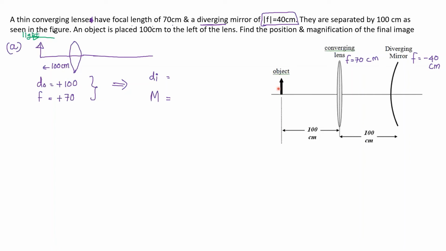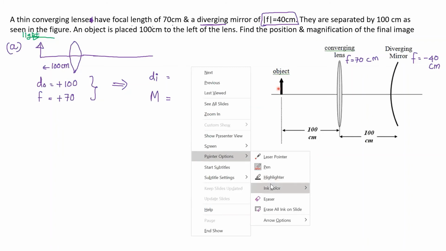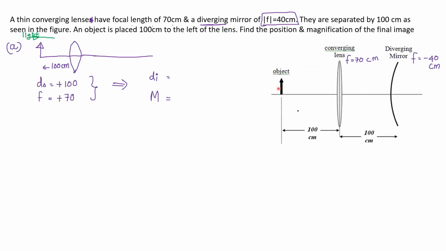So this is light. So I got one answer. Can I have more for DI?